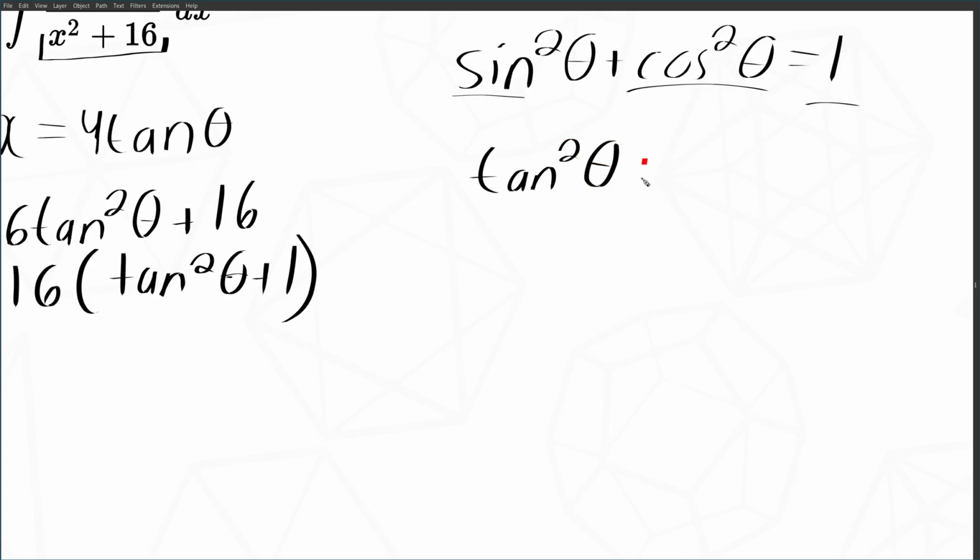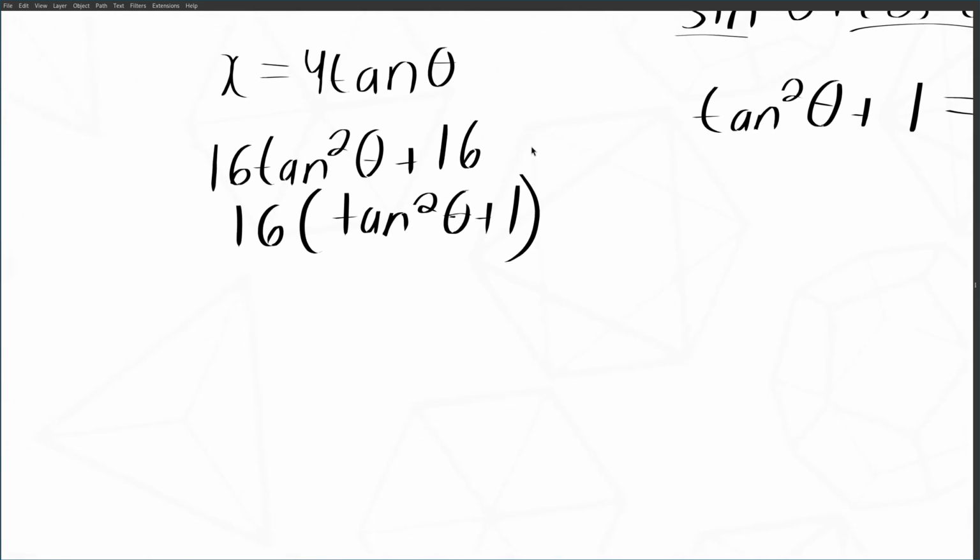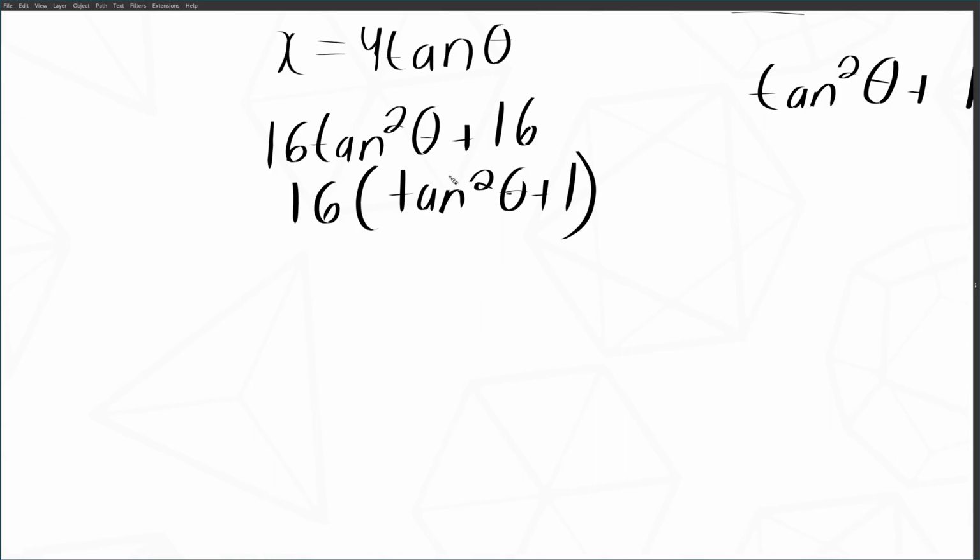Cosine divided by cosine is just going to be 1. And 1 over cosine is going to be secant. And then we square it. Okay, so now we can substitute back into what we had here. Okay, so our denominator turns into 16 secant squared theta.